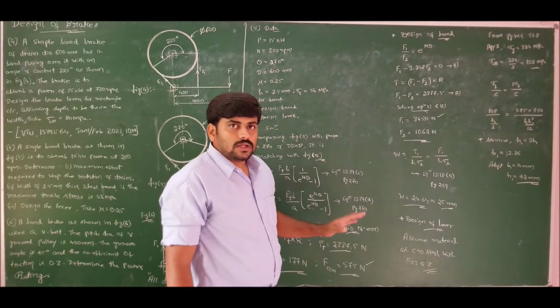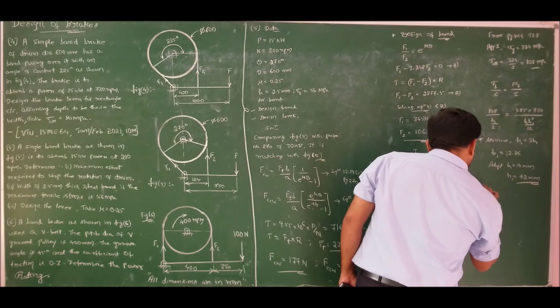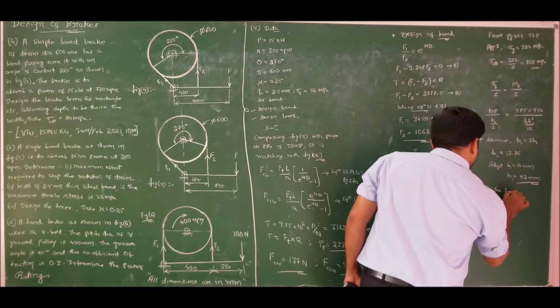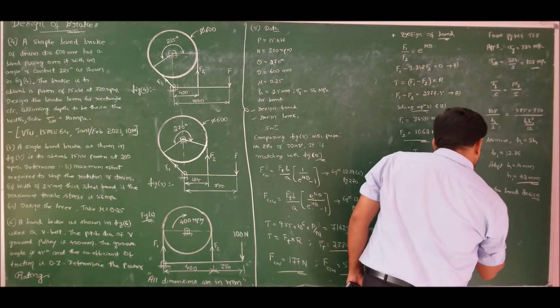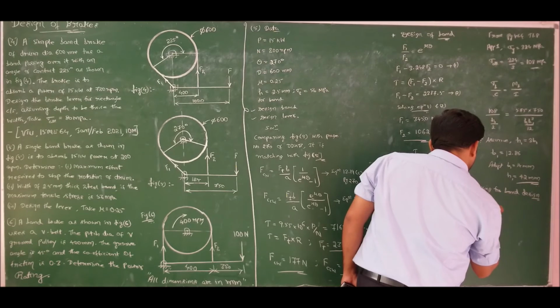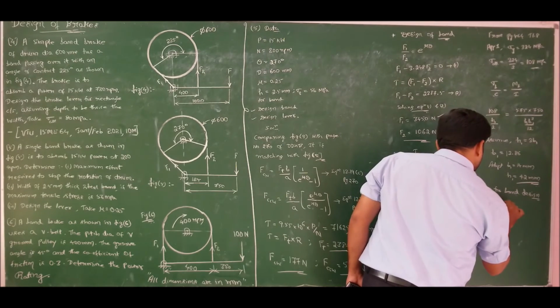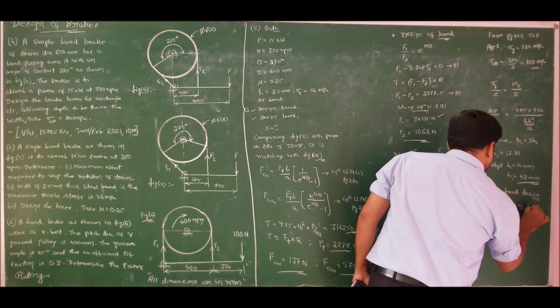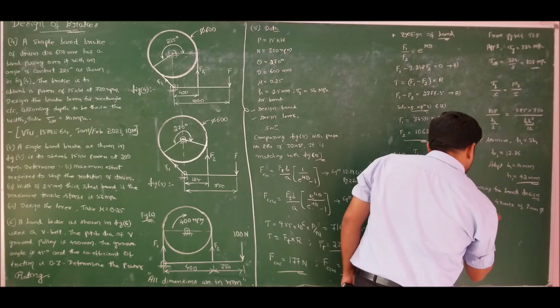Hence if I want to check the band design, we can have checking for band design. Assume 4 rivets of 8 mm diameter arranged in 2 rows.